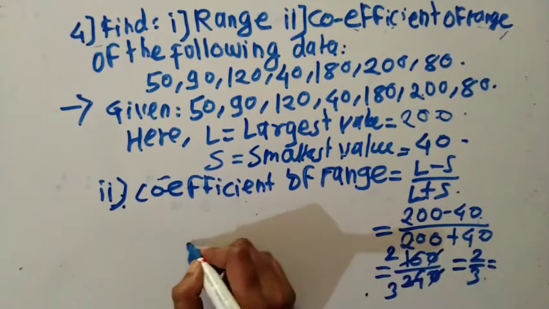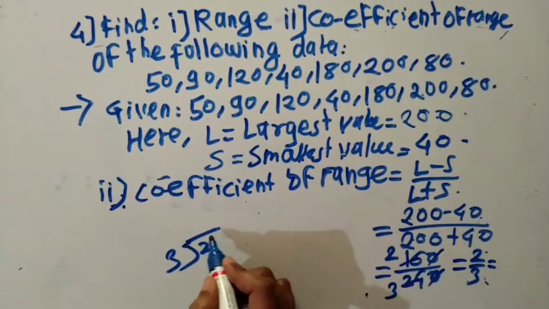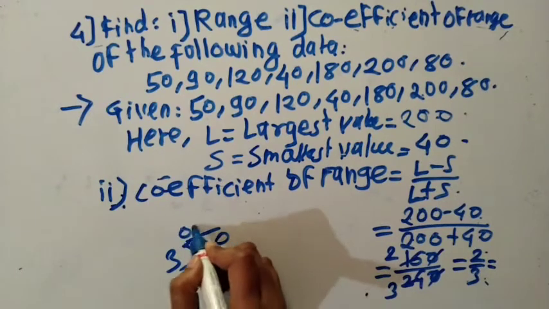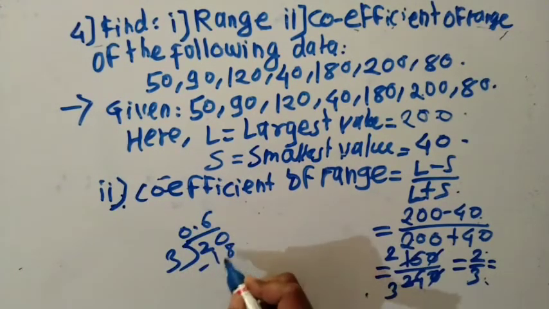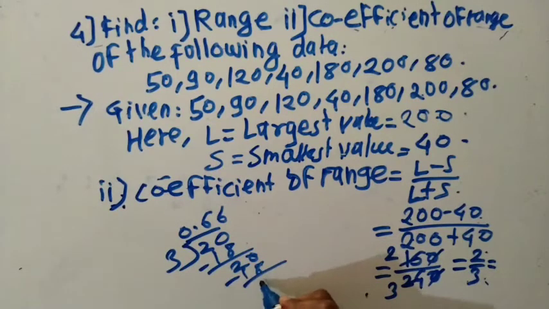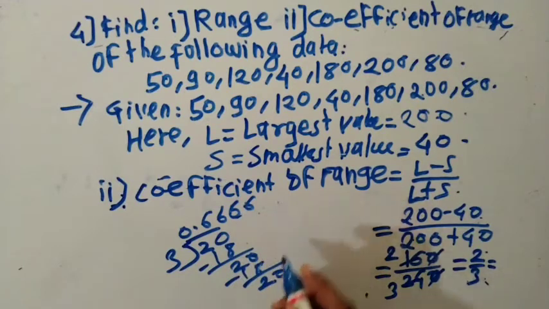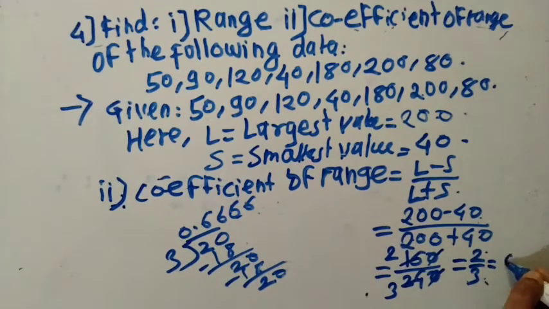But 2 upon 3 means divide 2 by 3, not 3 by 2. So 0.667 is the answer.